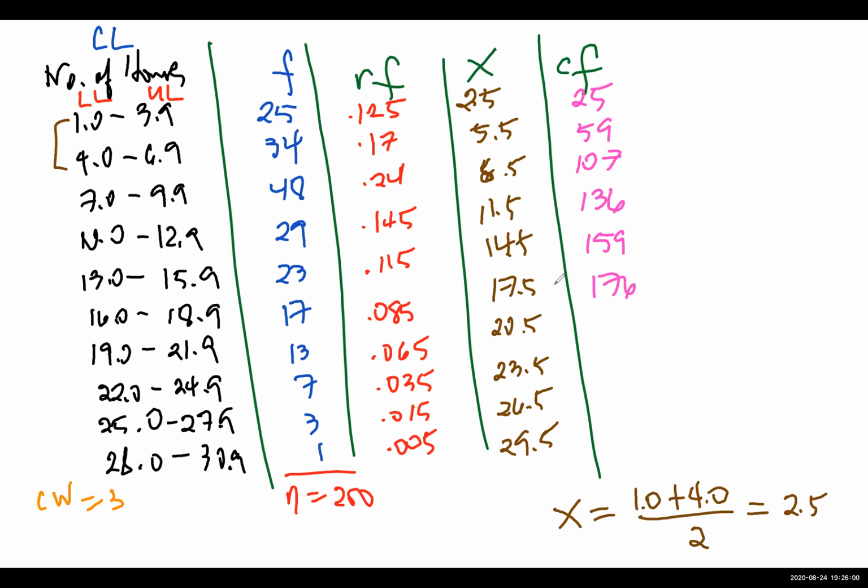The next one, 189. The next one, 196 plus 3, 199, and plus 1, 200. So this is correct because the very last number is equal to your total n, 200. All right, so any questions?